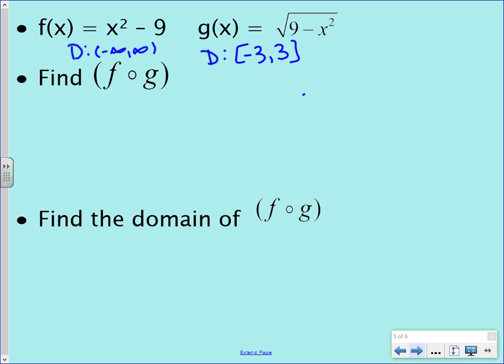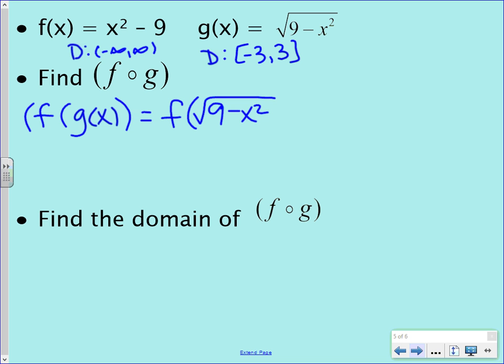Now let's talk about the composition, f composed with g. If you want to write it like this, go for it. What I like to then do is write it as f of, and I'm going to replace g of x with 9 minus x squared. Then we're going to take that inside function and plug it into our f function.